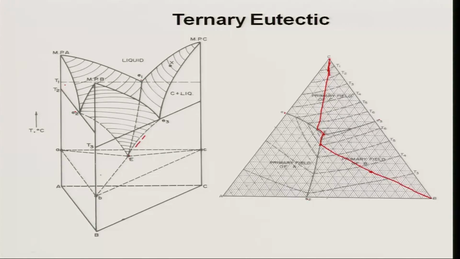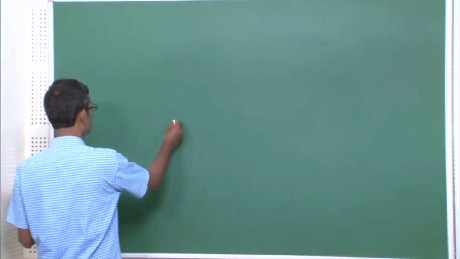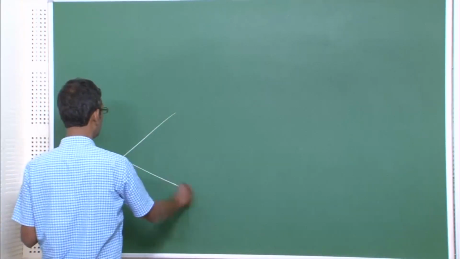That is what I have to draw on the board and show you how things are possible. Let me try. It is not an easy diagram to do, but I will try. Otherwise, I will show you on the slides in the next lecture.